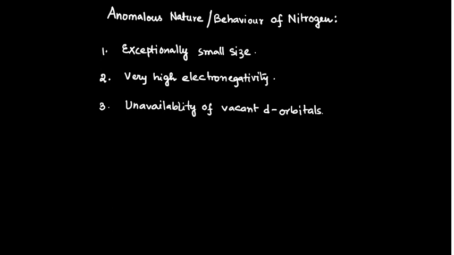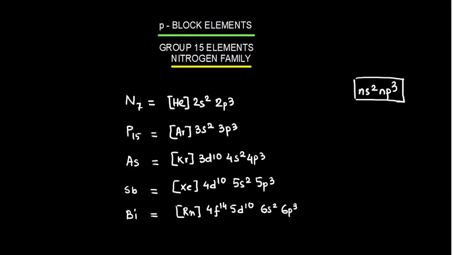Now, since the configuration of nitrogen is 2s2 2p3 and there is no availability of any vacant orbitals for nitrogen because there is no concept like 2d, okay, so nitrogen is very much electronegative also, and since it's a non-metal, it will go for gaining electrons, and as a result it will give rise to an oxidation state of -3.